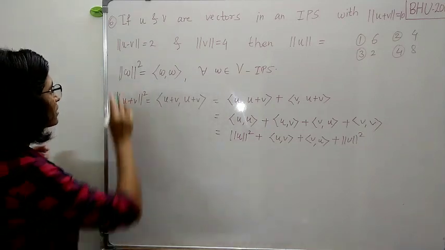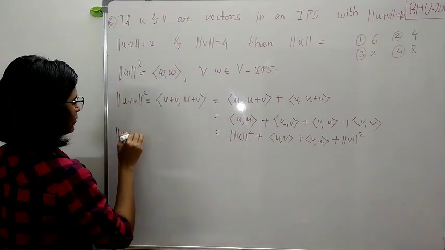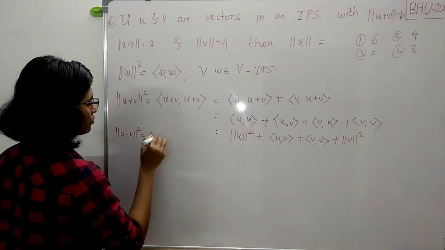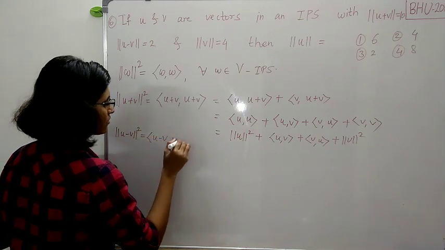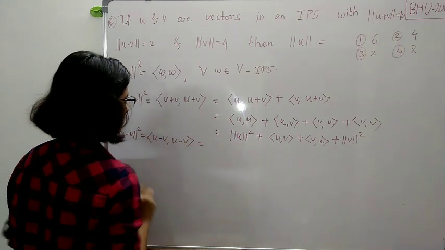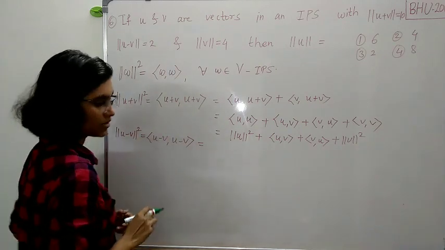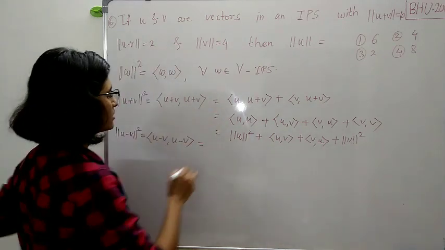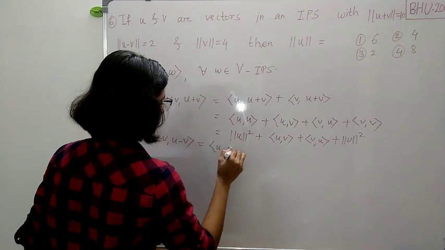Now similarly write this. So norm of u minus v, its square, is equal to the inner product of u minus v with u minus v. Now you again apply the same thing.